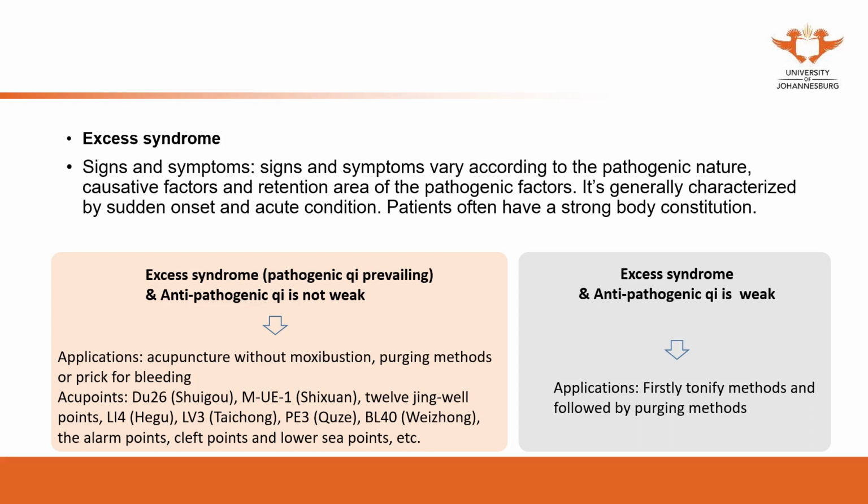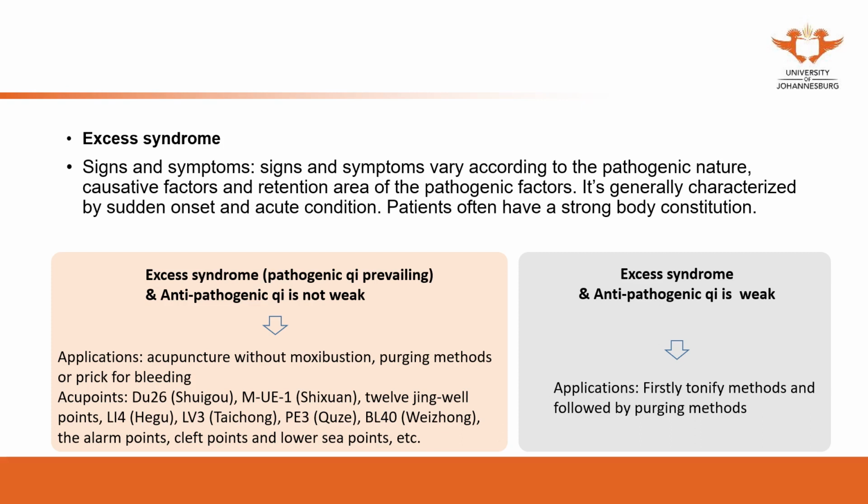From here, you can see the differences between the back shu points and the front mu points, the mu alarm points. One is more for reinforcing, the other, the front mu points, are more for reducing. That's why in excess syndrome, we will use alarm points.